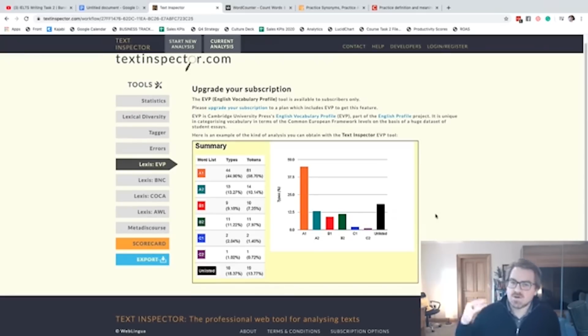Or even better, go to an academic journal, Oxford, Cambridge, MIT, Stanford, a very high level university, and you'll find lots and lots of academic papers there. Copy and paste some of that into this tool, and you'll see the exact same pattern. The majority of the words will be A1, A2, some will be B1, B2, and a very small percentage of them will be C1, C2.